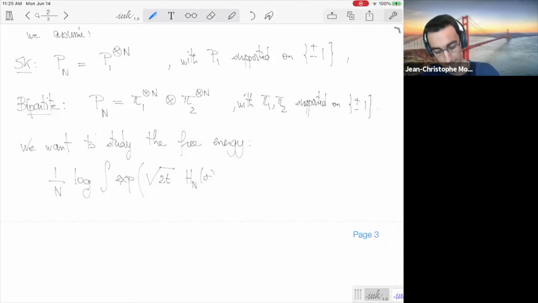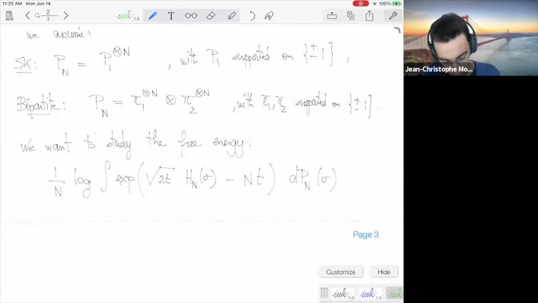Okay, and it's pleasant to introduce a counter term, this NT, which I'm going to explain in a second. So I want to study this quantity. In general, this n here, you should write the expectation of Hn of sigma squared.